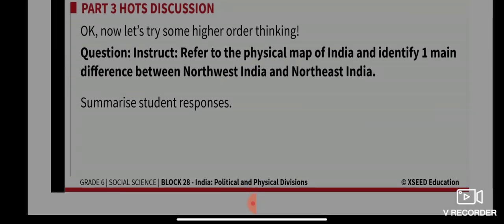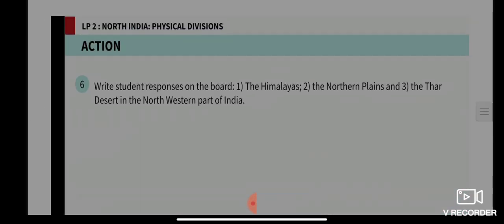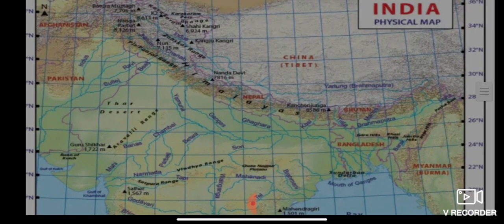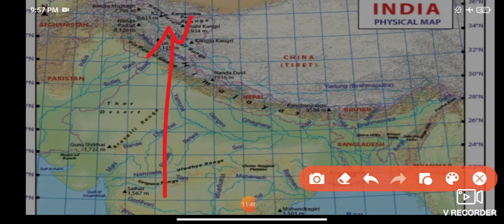Now the last question for the day: you have to refer to the physical map of India and identify one main difference between northwest India and northeast India. I hope you know this side is north, and south, east, and west.